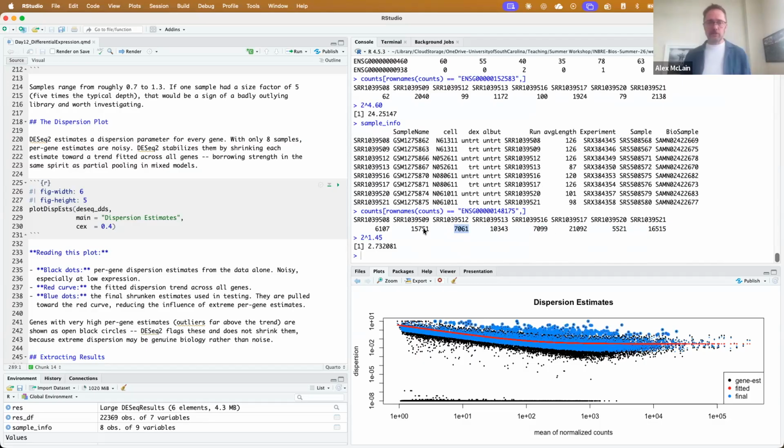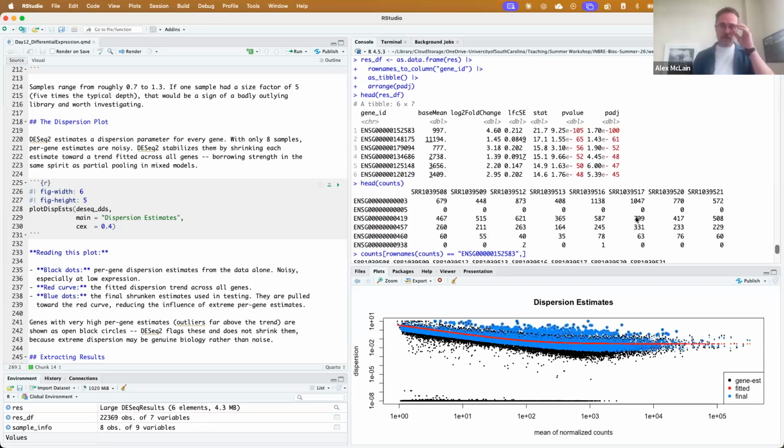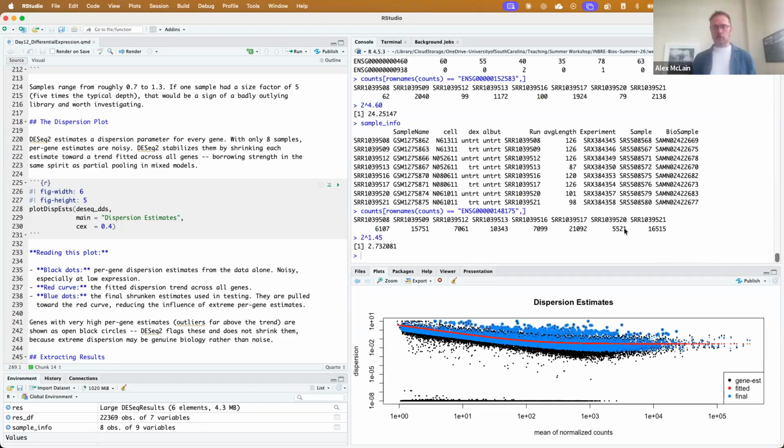There is definitely a difference. The means here are relatively high. That probably helps out the significance of that. We can see that the log2 fold change standard error estimate is very low in this situation. That's probably driven by the fact that this base mean is a little bit higher, but also by the dispersion parameter. So all these things are combining to give us the p-values that we get.